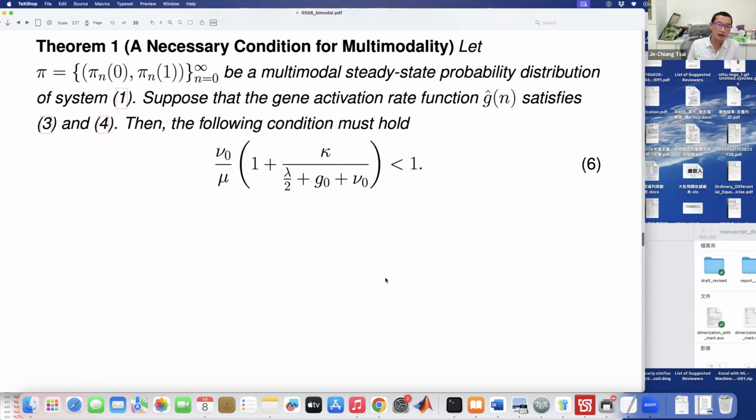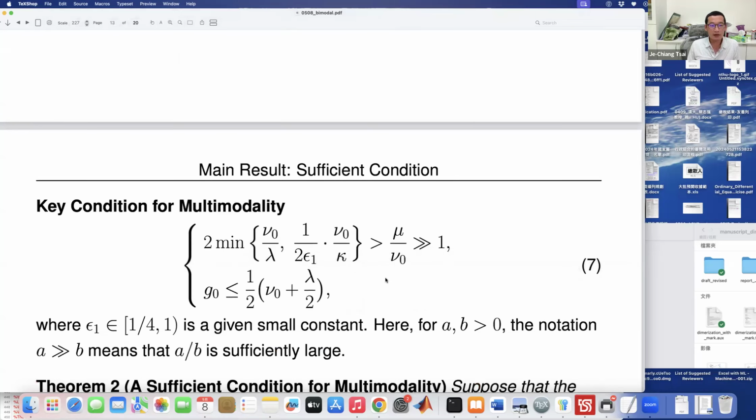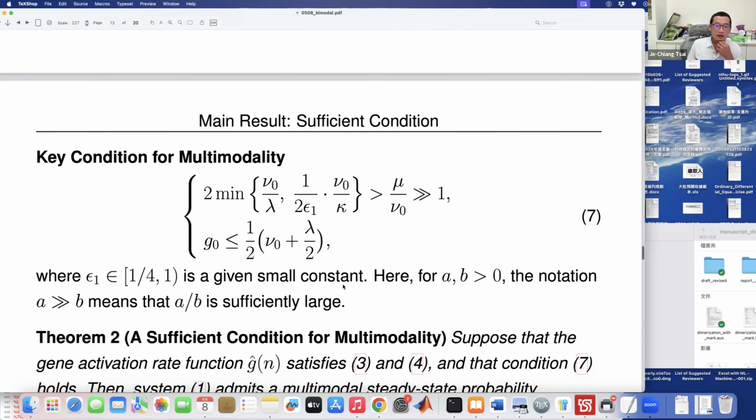And we also have a sufficient condition. For the sufficient condition, I assume these two, where nu, lambda, kappa, mu are the system parameters, and there is an additional parameter, epsilon 1.